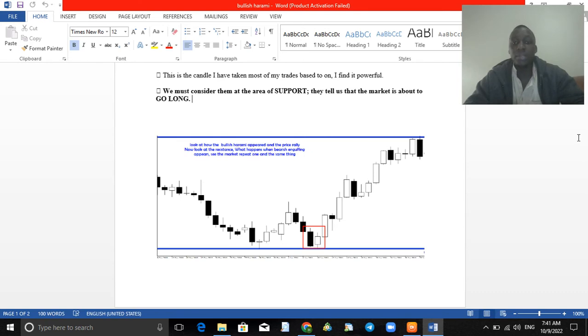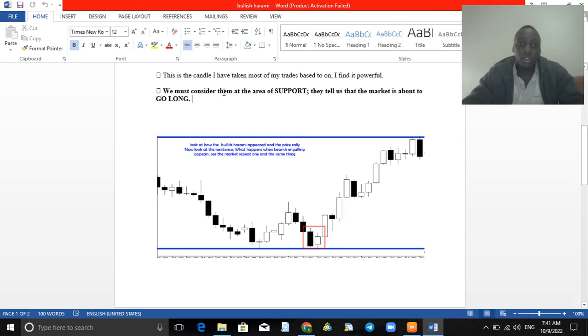Terms like bullish Harami, bearish Harami, bullish engulfing, people try to forget these terms and they confuse them with other candlestick patterns. But when you master a name or term like inside bar, it's clearly easy for you to not forget.